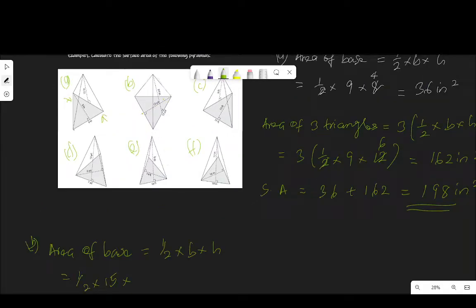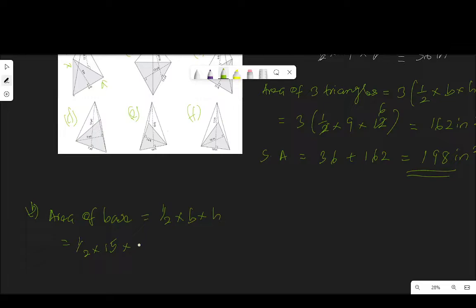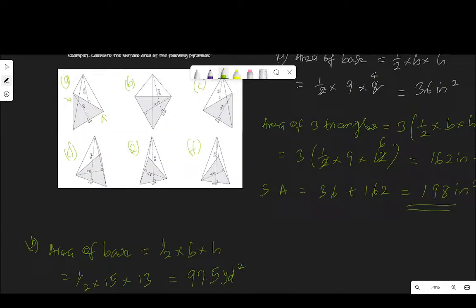The height is right here, 13 yards, times 13. 15 times 13 divided by 2. Let me use a calculator. 15 times 13 and divided by 2. That is 97.5. 97.5 yard squared. That is the area of the triangular base.